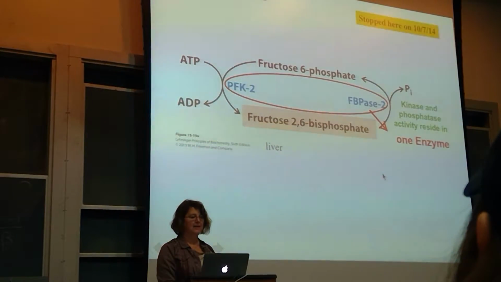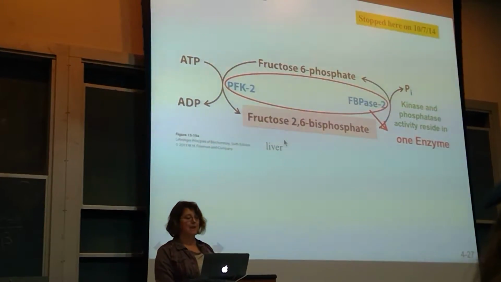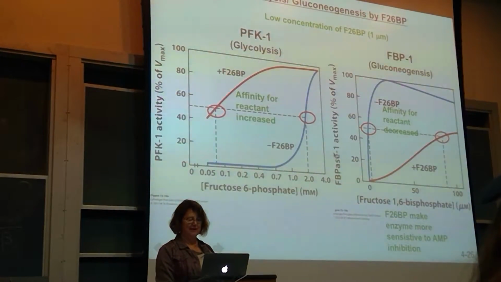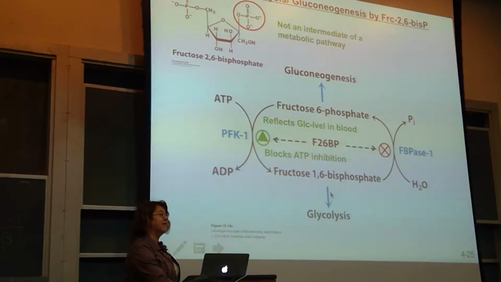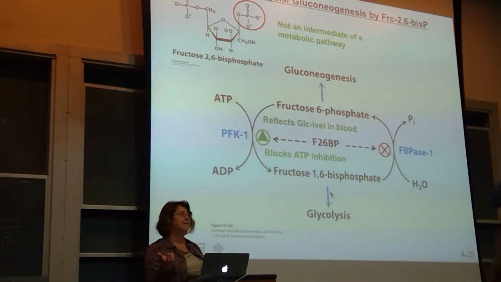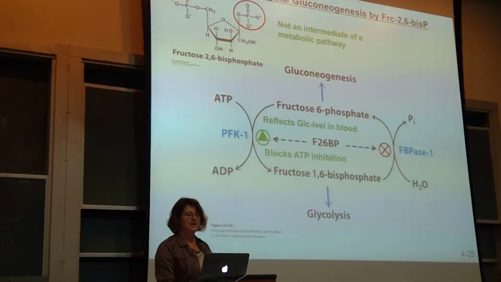And here, right, you can see that they're making this unusual compound, the regulatory one, fructose 2,6-bisphosphate, instead of here, right, where they're making 1,6-bisphosphate. So it's really similar, but the enzymes have a slightly different active site to make a slightly different product or use a slightly different substrate.